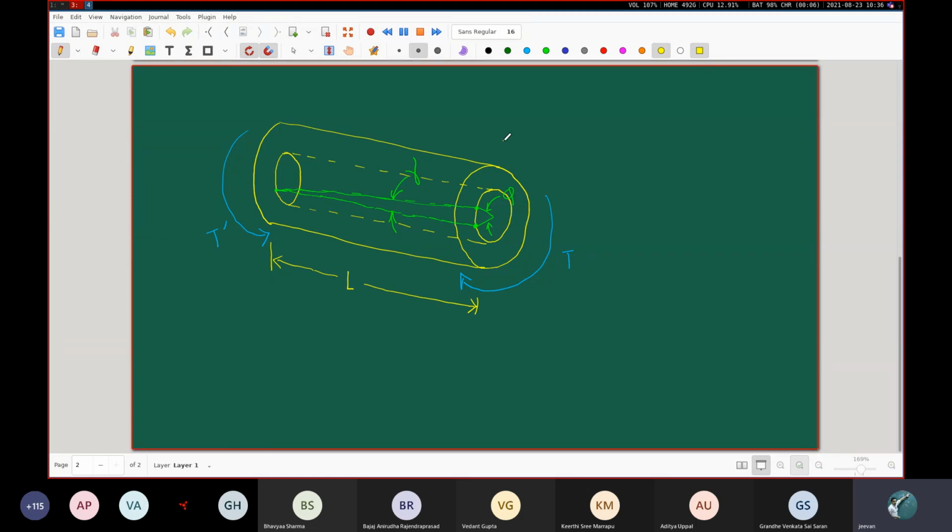The radius of this small circle that I have drawn, let's say that is rho.